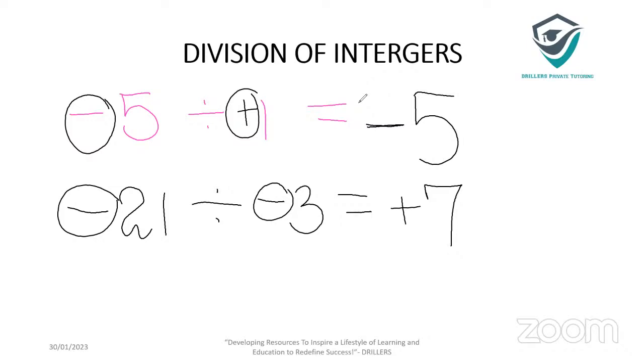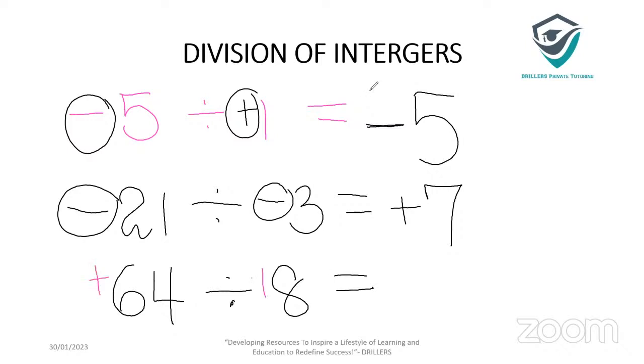If we have 64 divided by 8, we should know by now that this is +64 and this is +8.